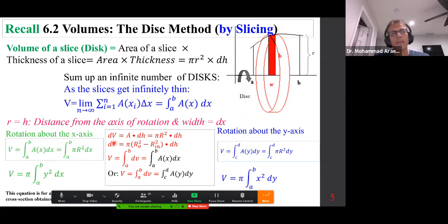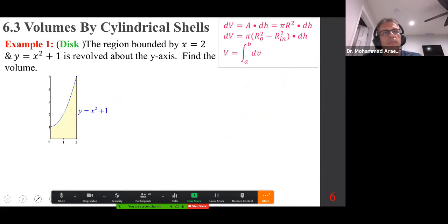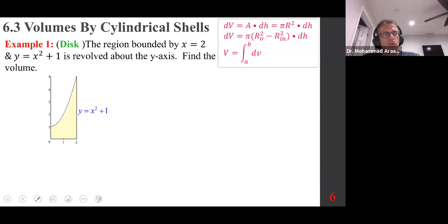If we happen to use a washer, then it becomes R out squared minus R in squared. We want to go to the new section. So we're going to stick with the method of disk just to refresh your memory as to what happens and how we deal with that, okay?